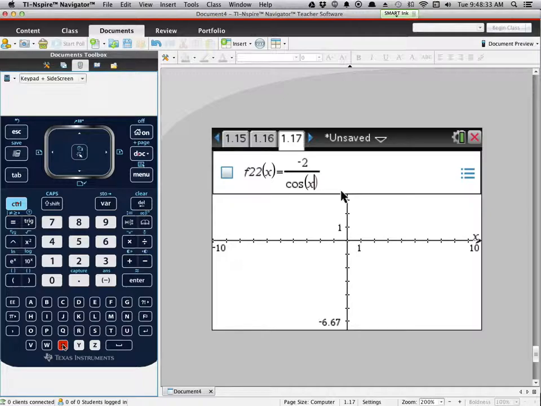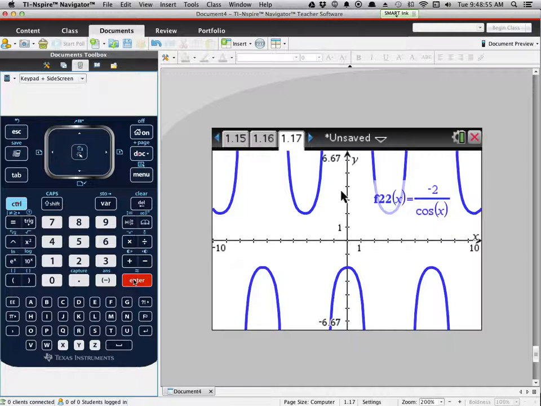How much is pi? 3.14, and pi over 2 is less than that, so it should be between 1 and 2. So there should be an asymptote between 1 and 2, and on the right side it should be going up if we did it correctly. Pi over 2 is right here, and on the right side my graph is headed up. So that's what we figured out without the use of the calculator.